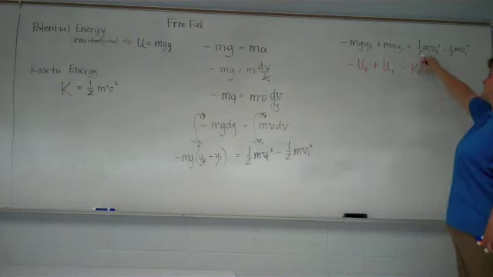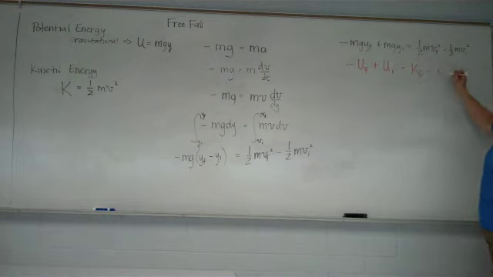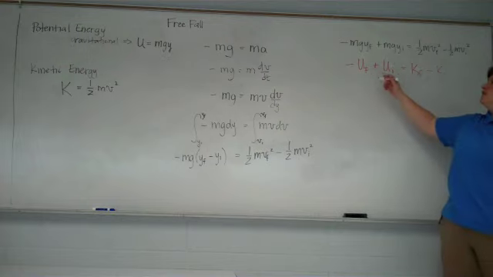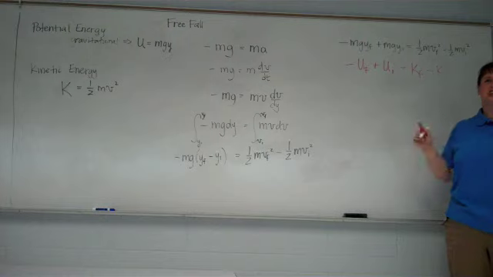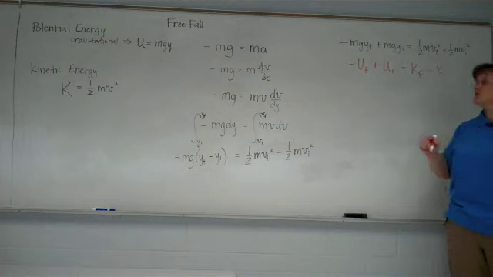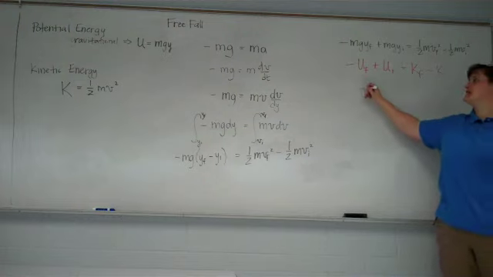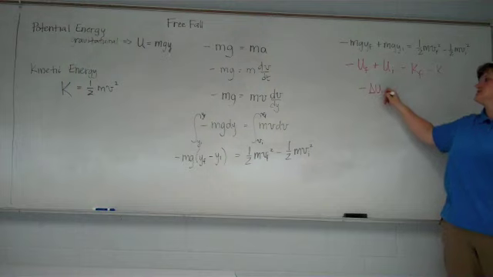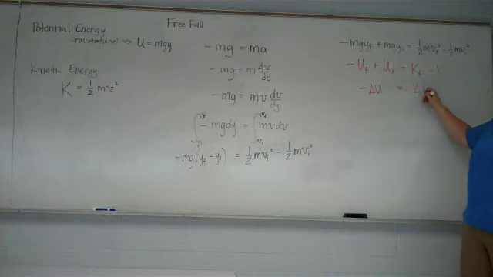That's the final kinetic energy minus the initial kinetic energy. Change. Remember, the change in anything is always the final value minus the initial value. So this side is negative change in potential energy.